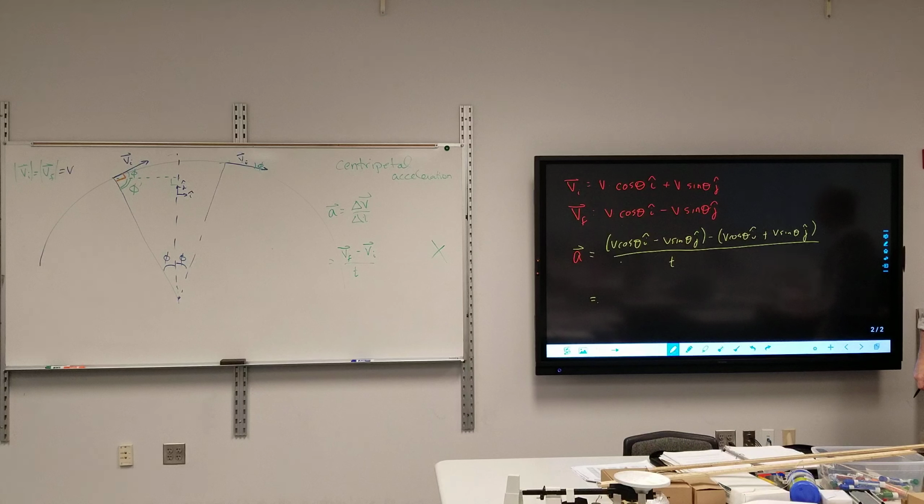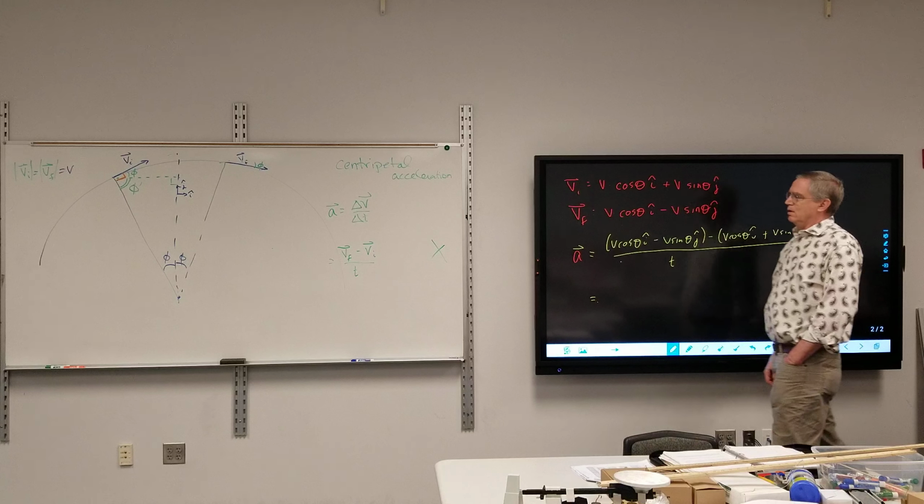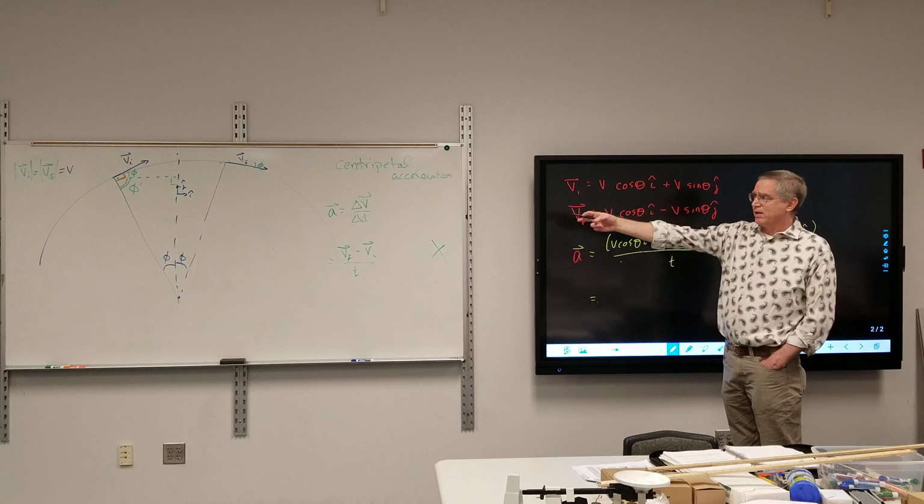Habits are hard to break for me. There is an issue in the fact that I've labeled the angle wrong. There should be phi's, not thetas, because I haven't defined theta at all.